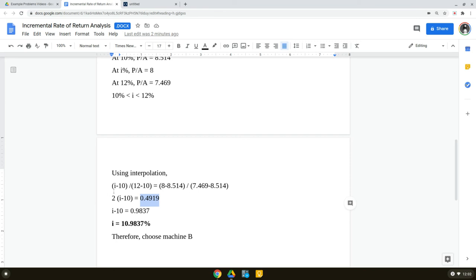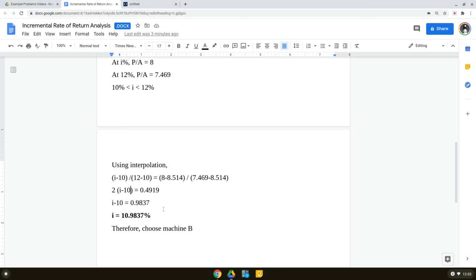We also simplify this side. Actually, if we simplify this equation, all we need to do is keep I on the left hand side, right? So for example, here I minus 10 divided by 12 minus 10.